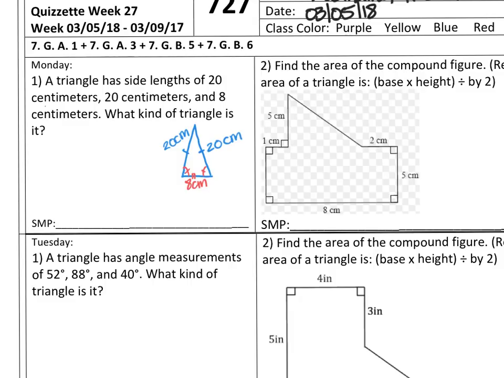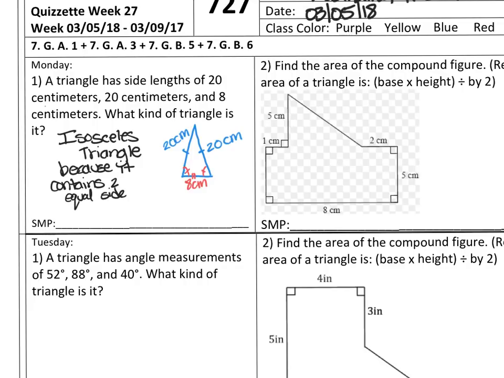So that triangle would be an isosceles triangle. So it's an isosceles triangle because it contains two equal or congruent sides. Now the SMP that I'm using here is modeled with my math because I'm drawing a picture.